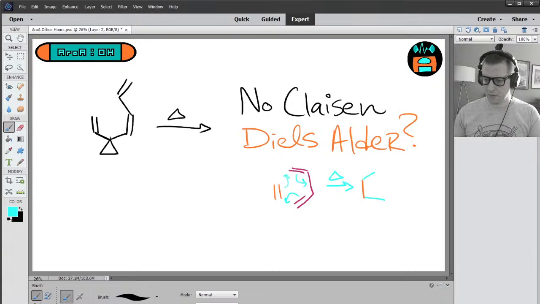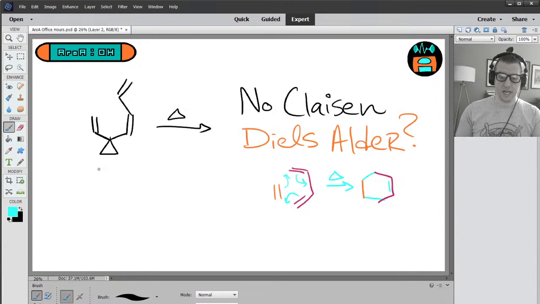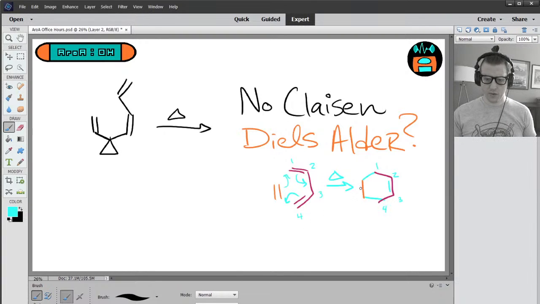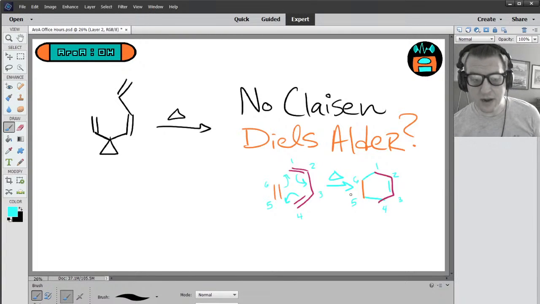We make 2 new sigma bonds, and then a new pi bond right here. If we number these carbons 1, 2, 3, and 4, there's a new pi bond between 2 and 3, and then sigmas between 1 and 4 to, if we number these 5 and 6, carbons in the dienophile.